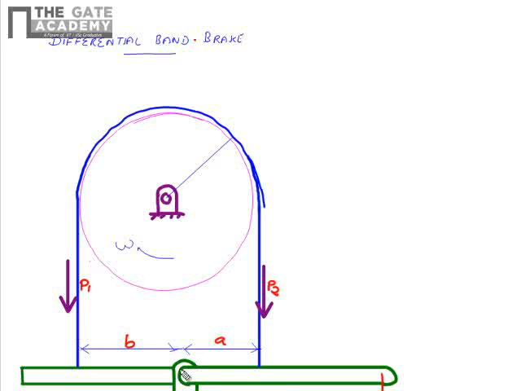So it's called a differential band brake because both the tension in the tight side as well as the tension in the slack side contribute to a moment about the hinge point. Now here also we have the relation, P1 by P2 is equal to e raised to mu theta. Here theta will be equal to 180 degrees.